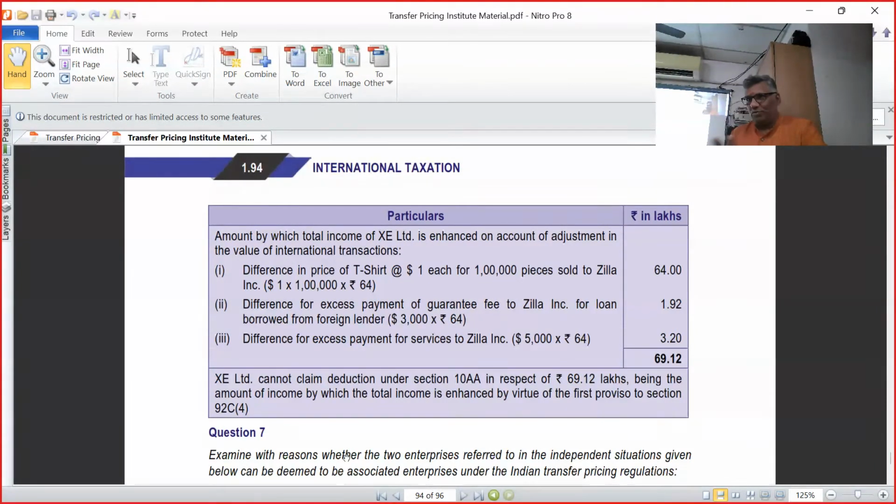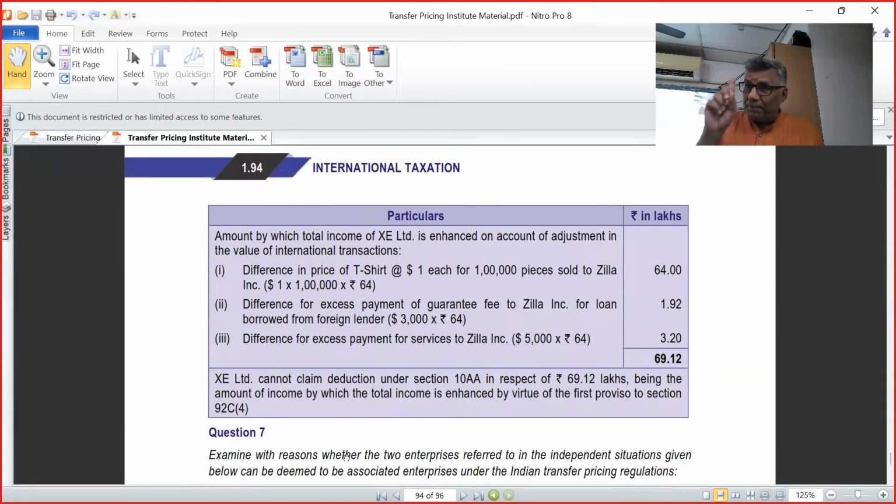Reading is like solving. So I believe we will not waste our class on these things. For the transaction net margin method, it is all the more simpler, because everything is given; there may be 3 transactions, 4 transactions, 5 transactions, but all the methods are simple.